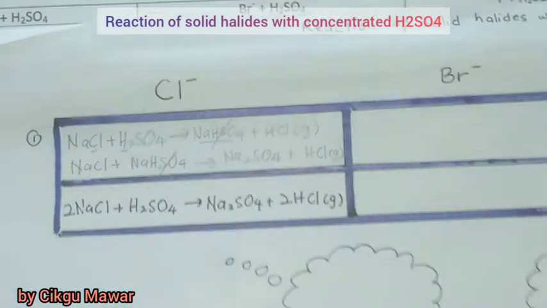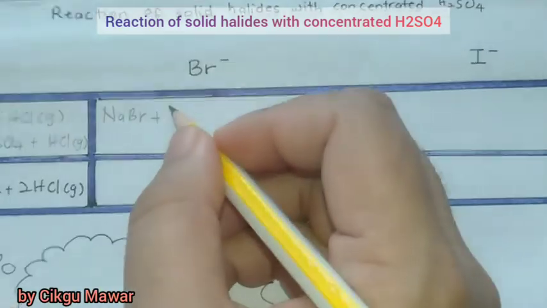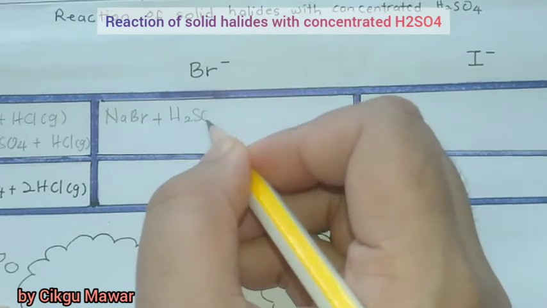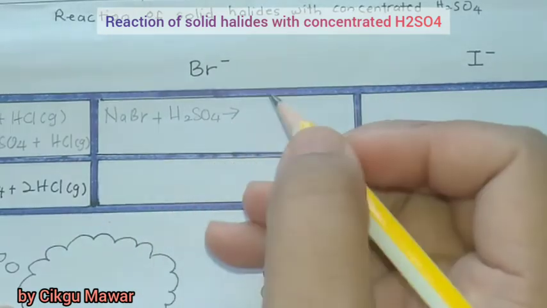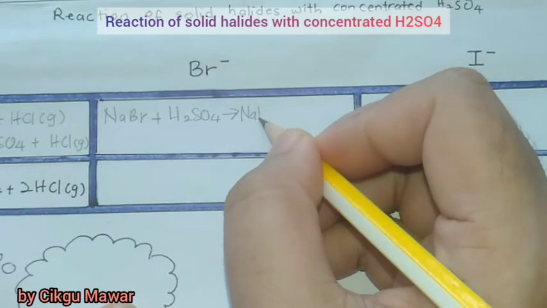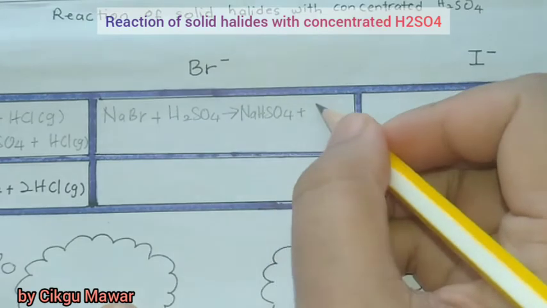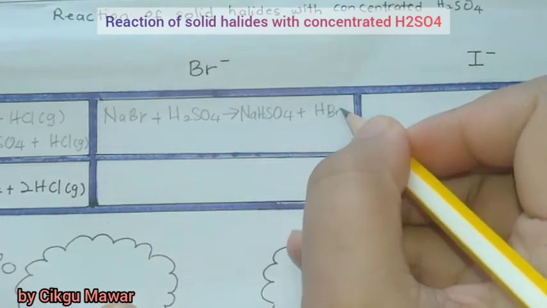We take a look at the bromide, where we use sodium bromide and react it with sulfuric acid. In the first dissociation, sodium hydrogen sulfate will form plus hydrogen bromide gas.